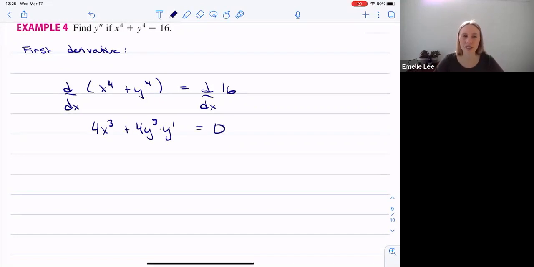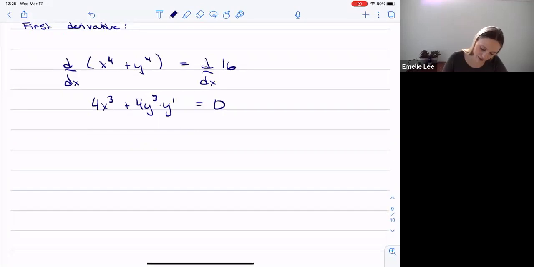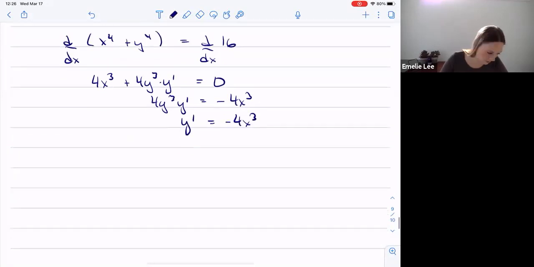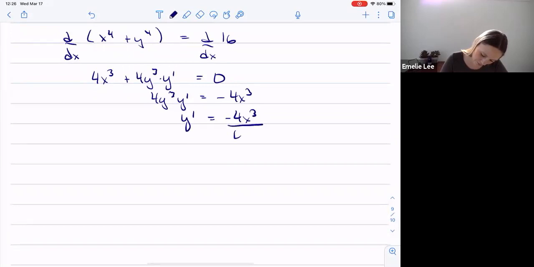Right, making sure you take the derivative of y as if it's just the outside, but then make sure you multiply by y prime. So solving for y prime is not that bad. I get 4y cubed y prime is negative 4x cubed. So then y prime is negative 4x cubed over 4y cubed.